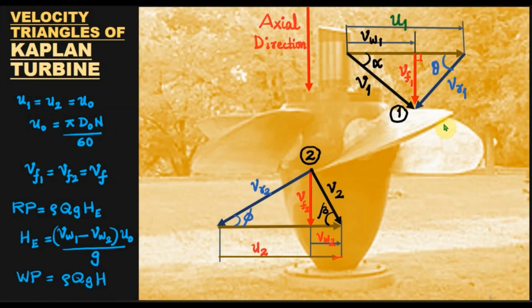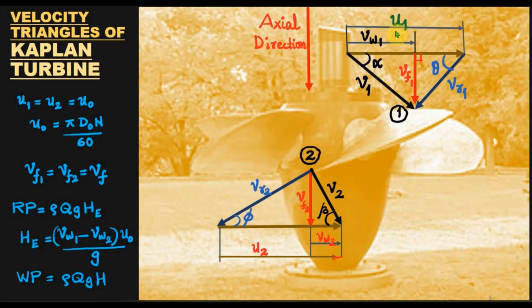Usually the runner blades in a Kaplan turbine will be twisted or warped, so the vane angles vary from the outlet tip to the inlet hub region. Therefore the outer diameter d0 can be taken for the calculation of u0. So u0 is equal to pi d0 N by 60.